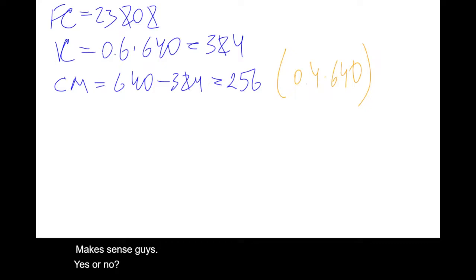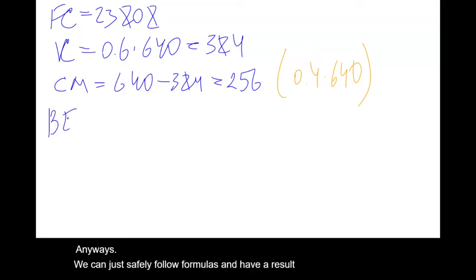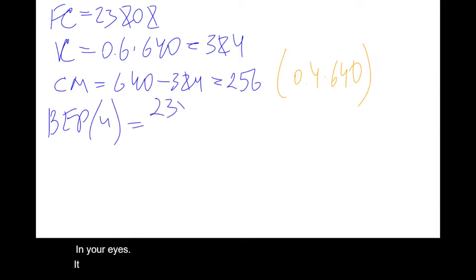So anyways, we can just safely follow formulas and have results. So break-even point in units is 23,808 over 256, which is 93.